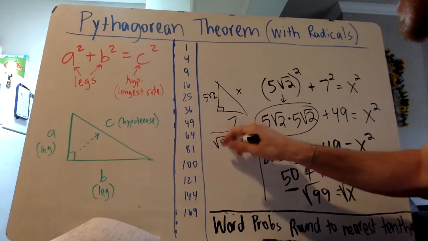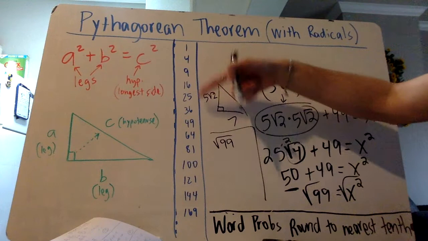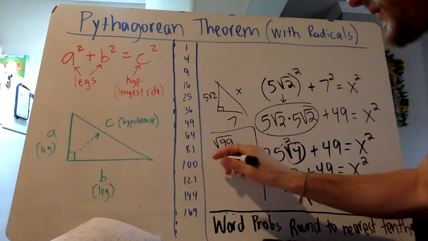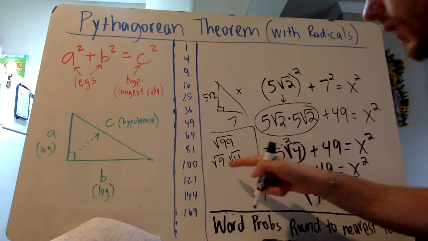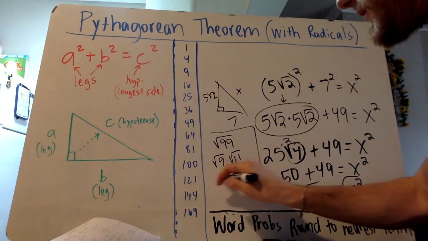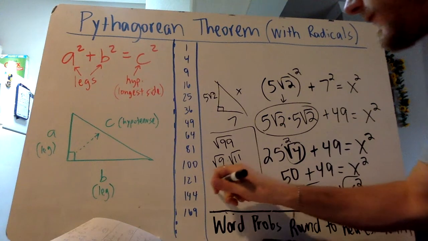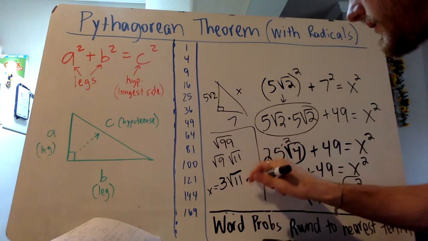Square root of 99, what can I divide 99 by out of that list? 9. Right? So this turns into square root of 9 times square root of 11. What is the square root of 9? 3. So our final answer is 3 square root of 11 for my x, and that is in miles evidently.